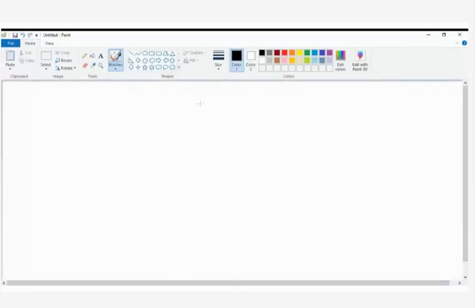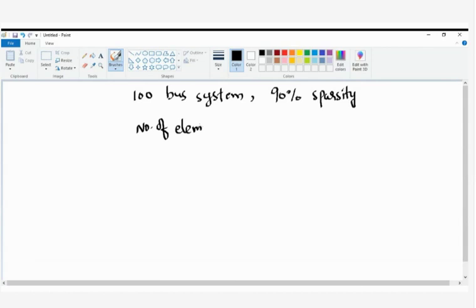Okay, so again, let's go with this. It's a 100 bus system with 90% sparsity, right? So the number of elements would be, again, the assumption is that it is an interconnected system, 100 cross 100.